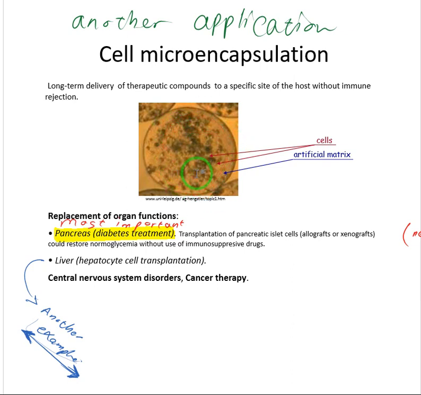And what is the application of this cell microencapsulation? Just consider the time that the patient is suffering from diabetes. This patient needs to be injected by insulin every day, and the everyday injection of the insulin is problematic and causes some problems.